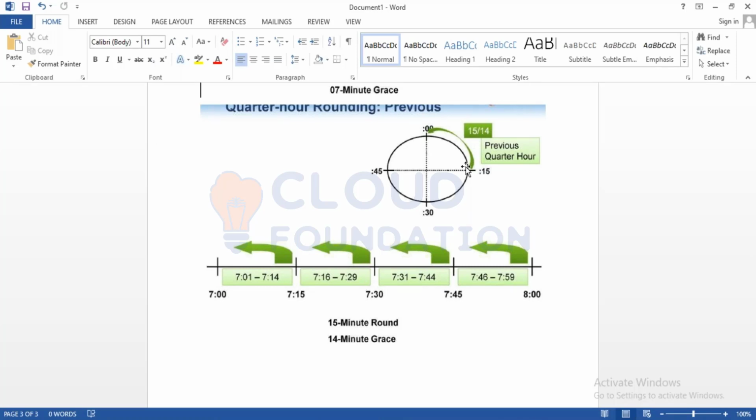In this case also at 7, 7:15, 7:30, 7:45, it will remain at the same place. But if an employee punches between 7:1 and 7:14, it's going to go back to 7. If an employee punches between 7:16 and 7:29 also, it goes back. So in this segment, anywhere he punches, it goes back. There's no other option here, and there is no going forward.